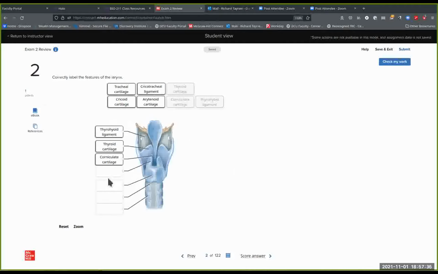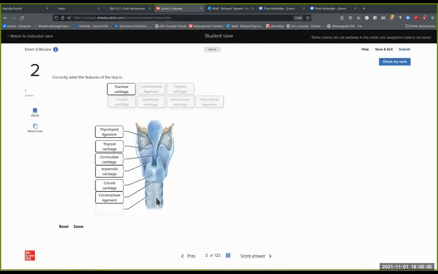And down here, I think those are, let's see, arytenoids. That may be opposite. We'll find out. And then the cricoid cartilage, the other main cartilage, so you've got thyroid, cricoid, and then the cricotracheal ligament.